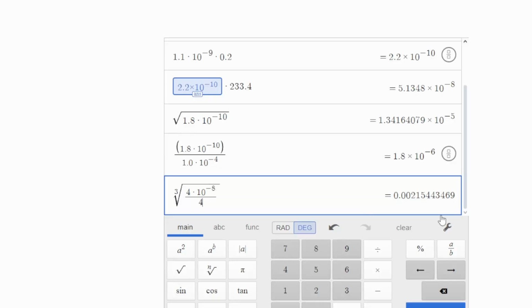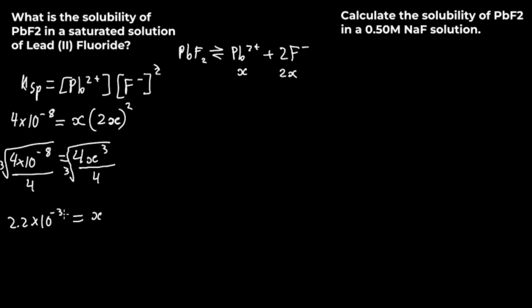So this is it, this is the solubility, or the molar solubility in a saturated solution.